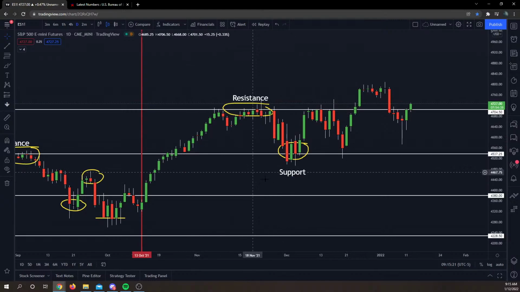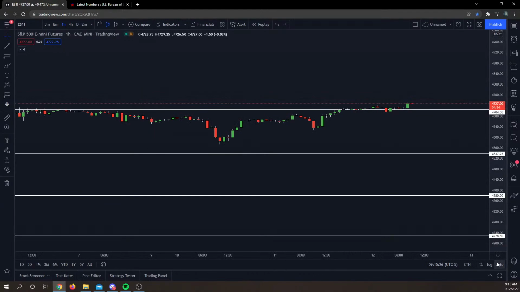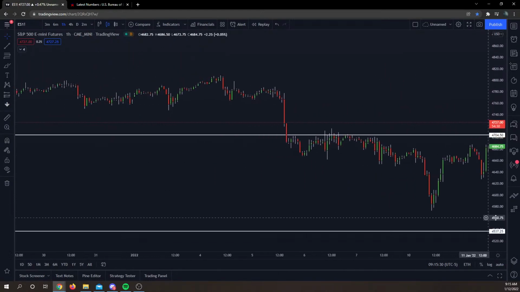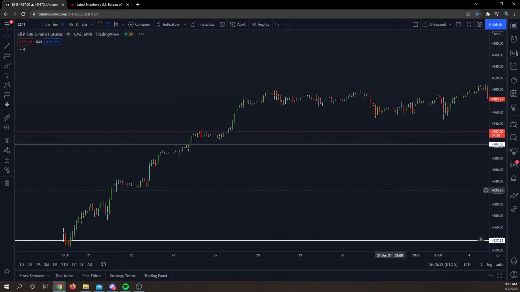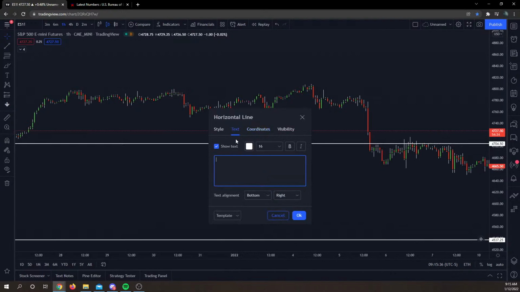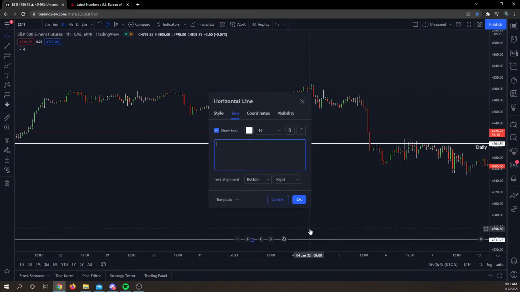So we started doing our TA here on the daily. Now I'm going to step down to the 1 hour, and we're going to see how the price action moves on a 1 hour and how you're able to make your TA adjust. With TradingView, we can identify our line. This is our daily, as was this.